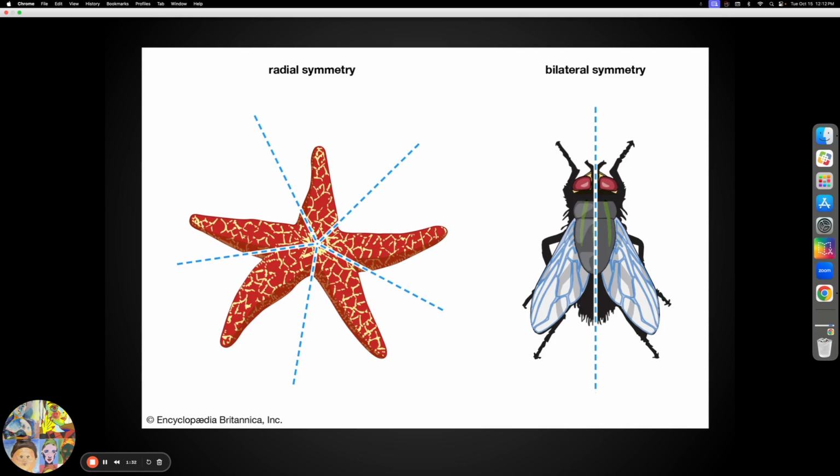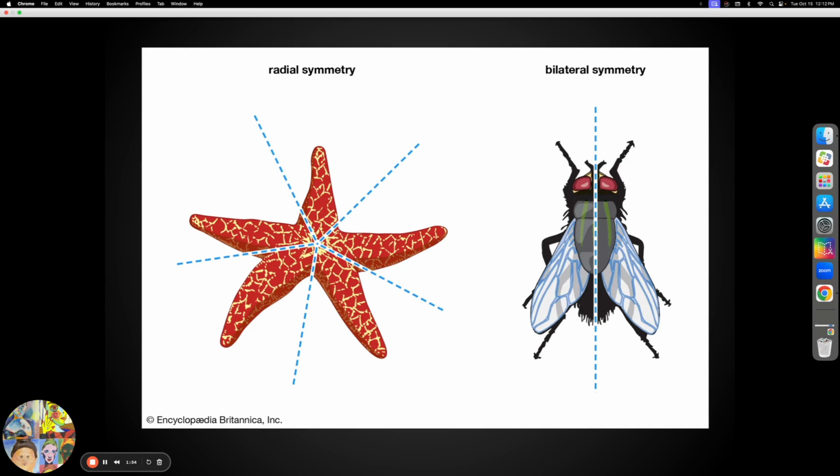This occurs in nature. So a starfish is actually a classic example of a living creature that exhibits radial symmetry. If you create a point in the middle and draw out a radius, one part looks like the other.